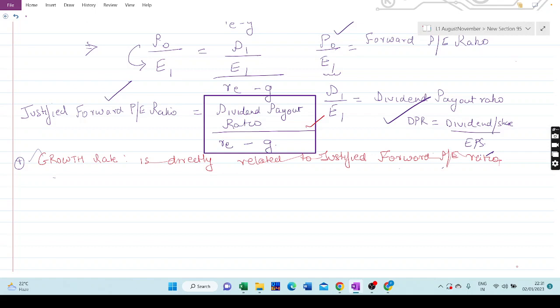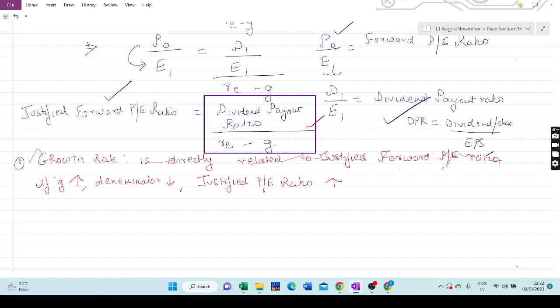Now please understand, if growth rate is high, then the denominator of this ratio would be low or high? Low. If denominator is low, then justified P ratio would be high or low? High. So guys, if the growth rate of a stock is high, its justified forward P ratio would be high.